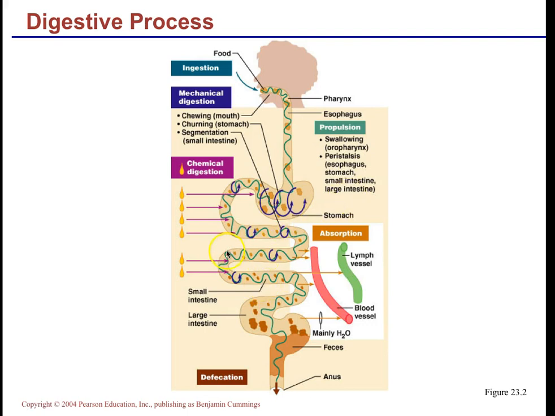And what is not going to be able to be broken down and absorbed will get pushed into the large intestine, and that will eventually form the feces that will enter the rectum and exit the body via the anus. So that is a figure explanation of that slide.